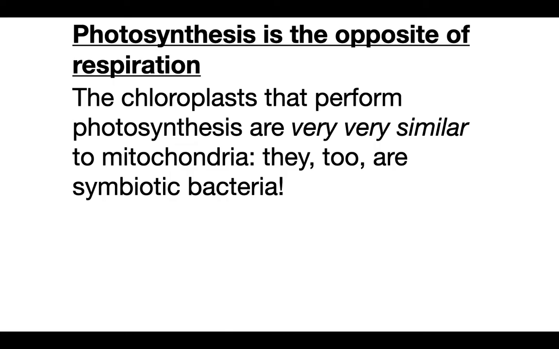And so I just want to reiterate that while mitochondria are a formerly independent form of bacterial life that was absorbed by eukaryotic cells a very long time ago, the chloroplasts that perform photosynthesis are very, very similar to mitochondria, except that where the mitochondria take sugars and break them down to form ATP, chloroplasts take the energy from sunlight and use it to form sugars.